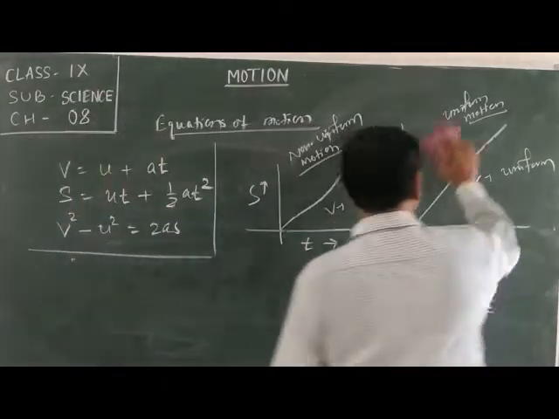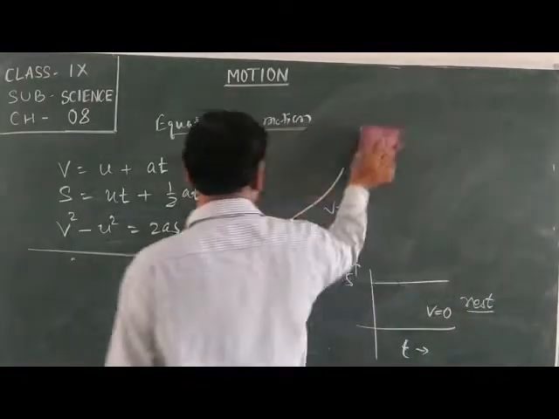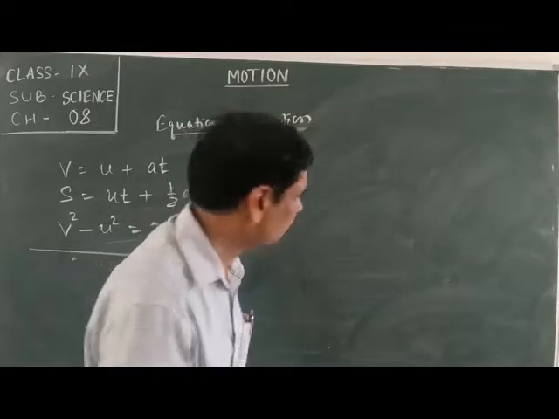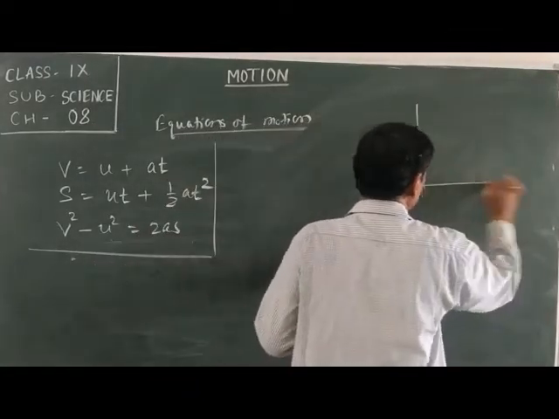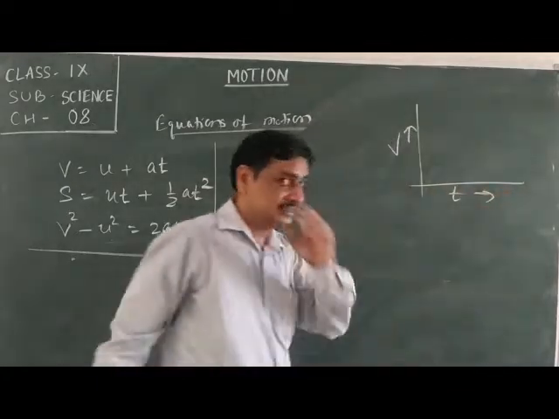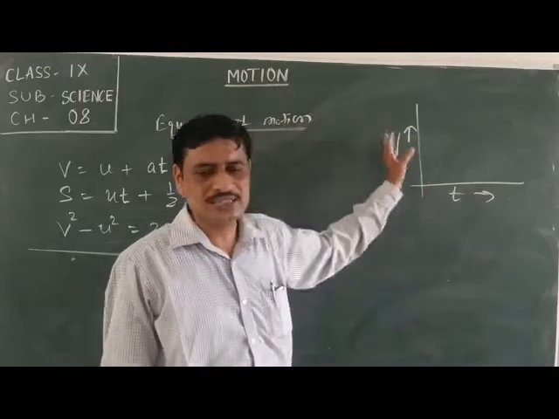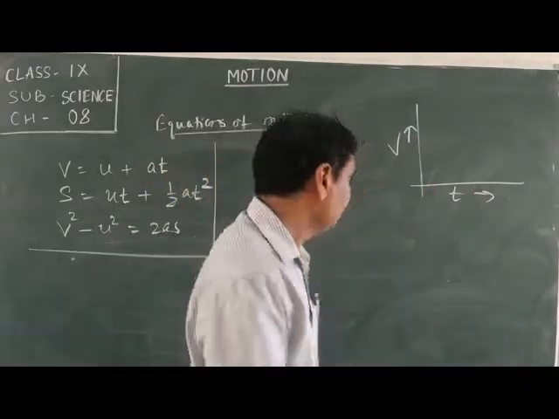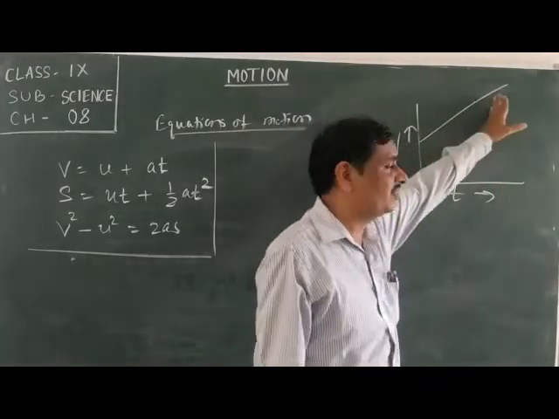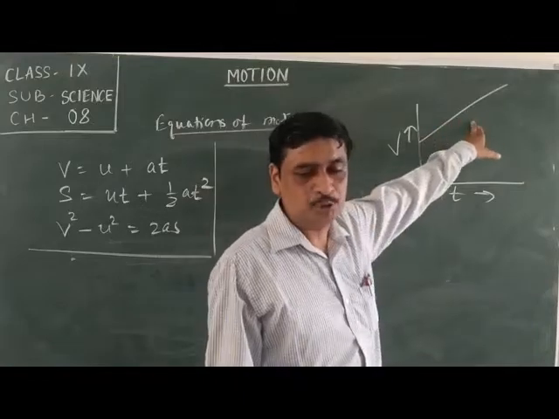Next, we will discuss the velocity and time axes. Here, velocity axis, this one is time axis. The x-axis shows time and y-axis shows velocity. When it shows this type of graph, then this acceleration is positive.